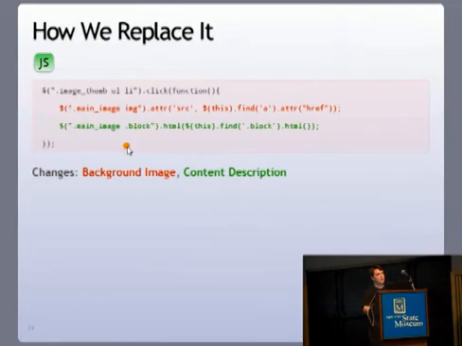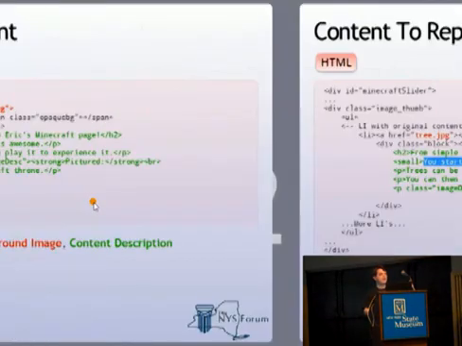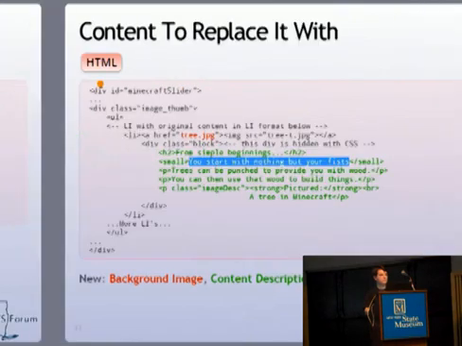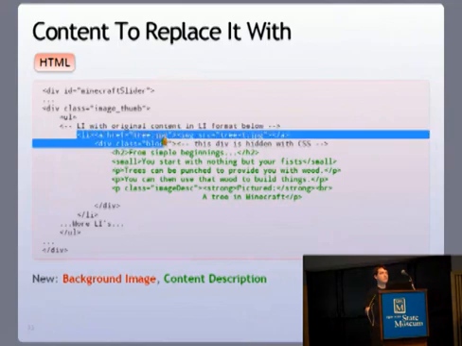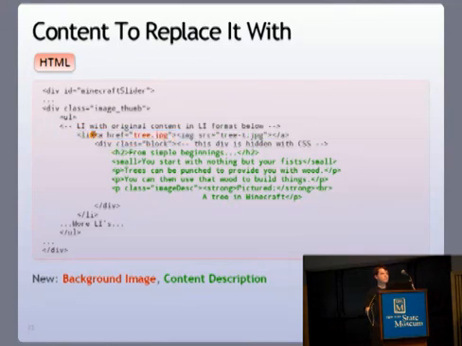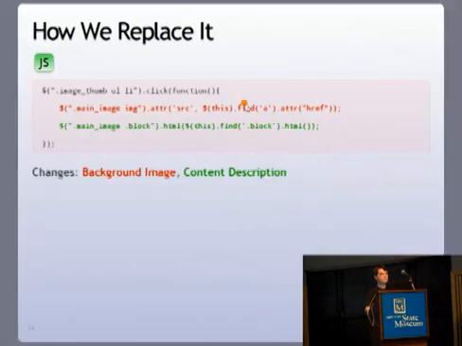So when I click on that, I want to change the main image. I want to change the source of that to what I just clicked on, which is the this in parentheses, and I want to find the anchor tag inside of that, which is right here. So I want to find this LI, and then find the anchor tag, the only anchor tag in this whole list item, and get its href attribute.